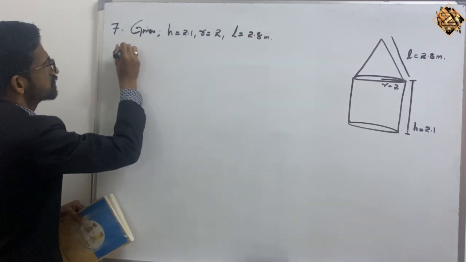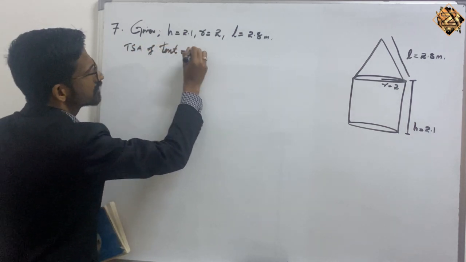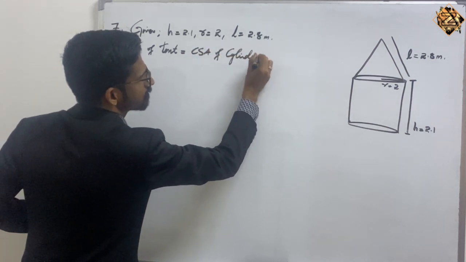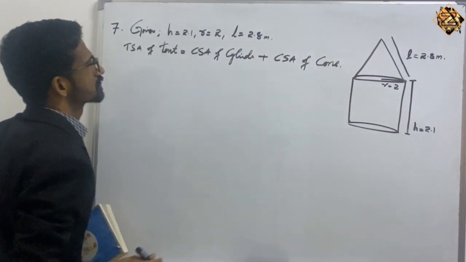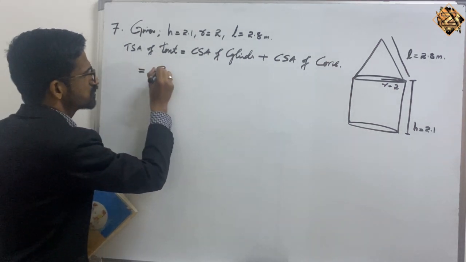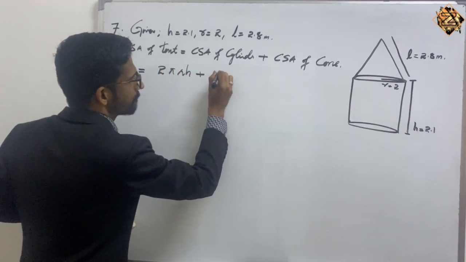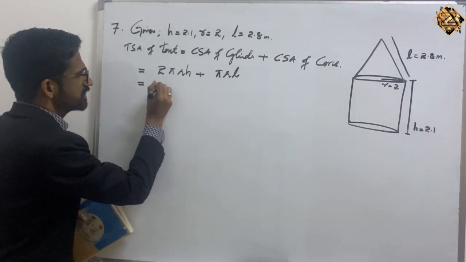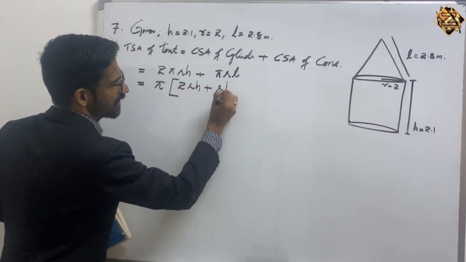So TSA of tent will be equal to CSA of cylinder plus CSA of cone. We know CSA of cylinder is 2 pi rh plus CSA of cone is pi rl. Now we can take pi outside, that is equal to pi(2rh plus rl).